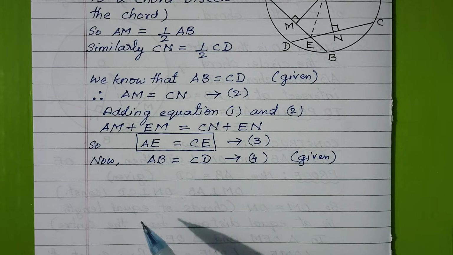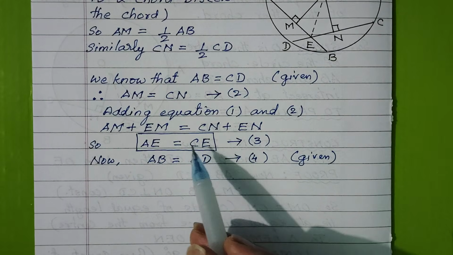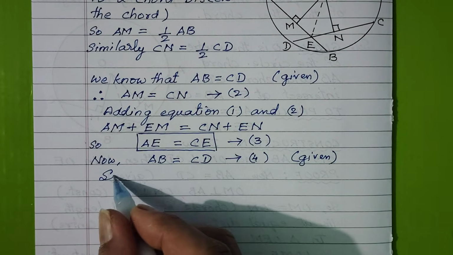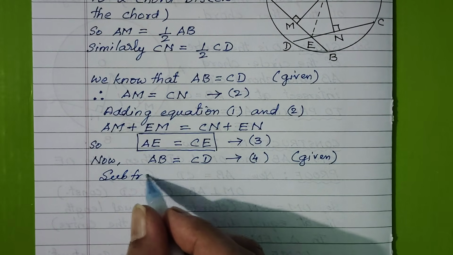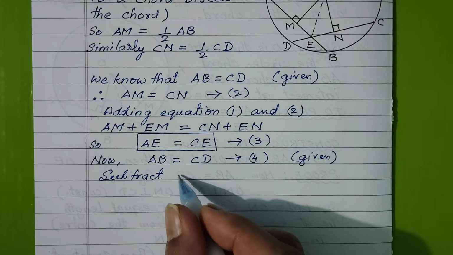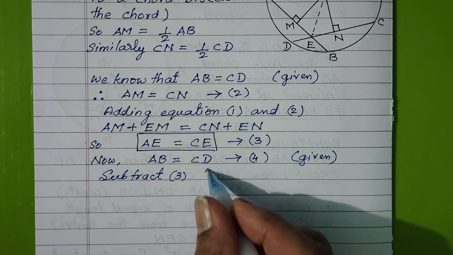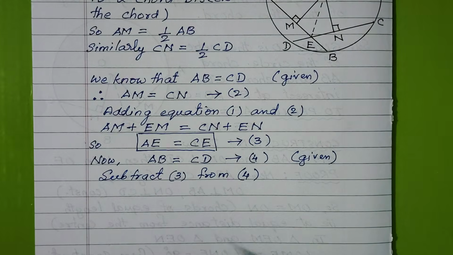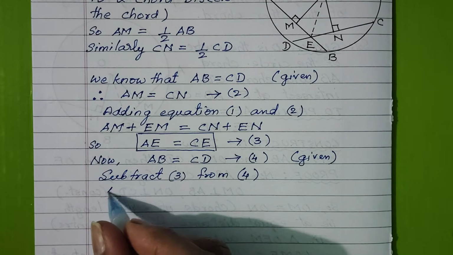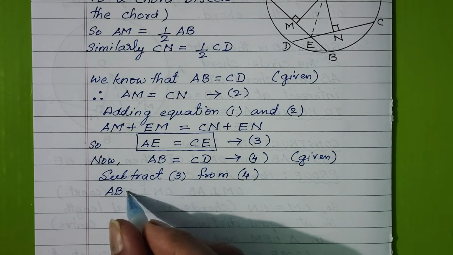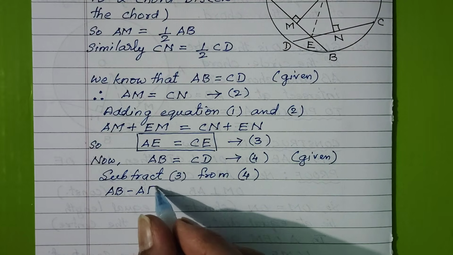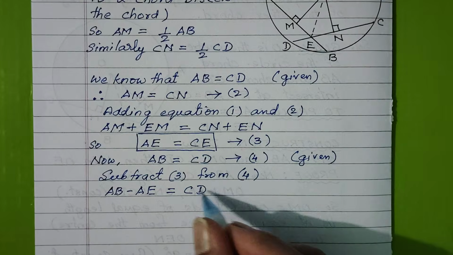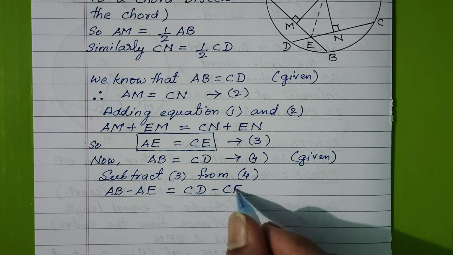We will subtract equation 3 from equation 4. AB minus AE will be equal to CD minus CE.